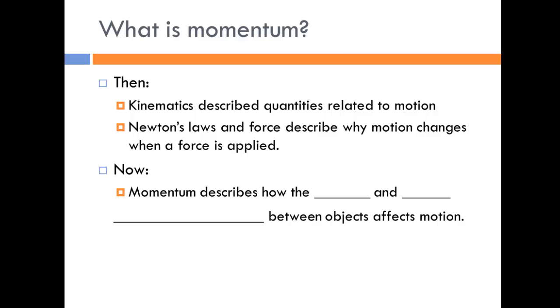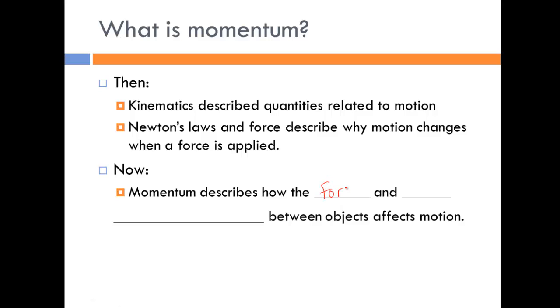Then we used Newton's laws and the idea of forces to explain why motion changes when a force is applied. Well, what we're going to do now is use the concept of momentum and its related sister concept, which is impulse.